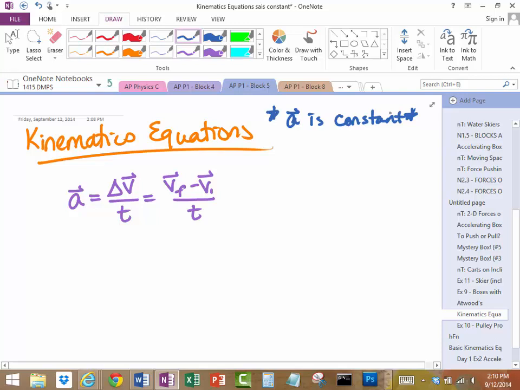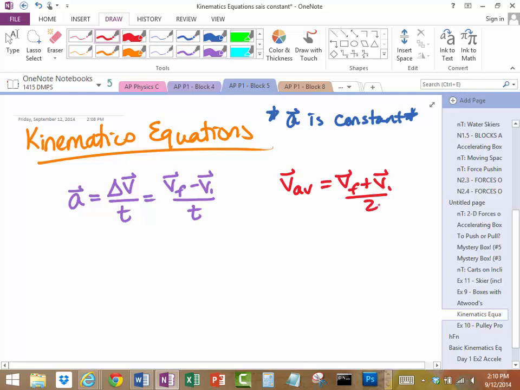Do you all know how to find an average? You learned that in like second grade, or third grade, or sixth grade. How do you find an average of two numbers? Add them and divide by 2, right? So we can say that an average velocity is equal to the final velocity plus the initial velocity divided by 2.